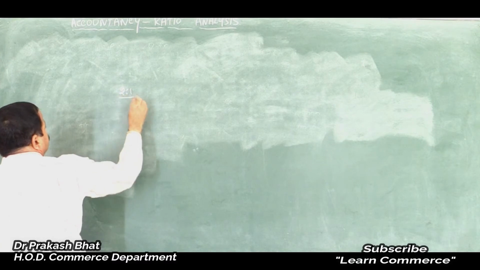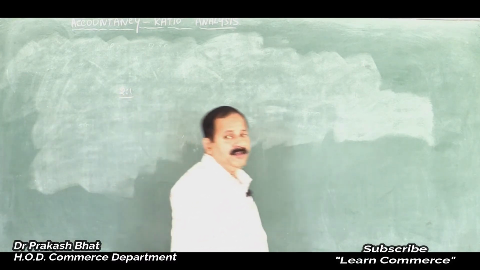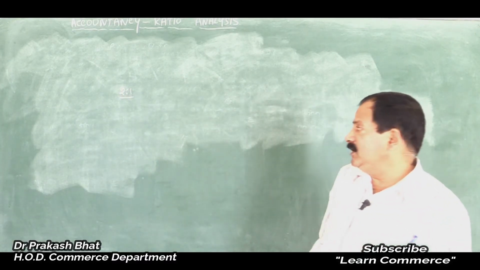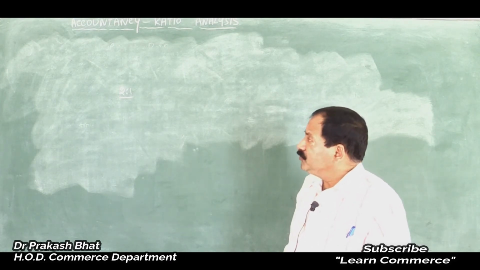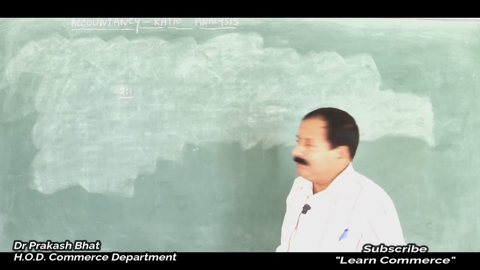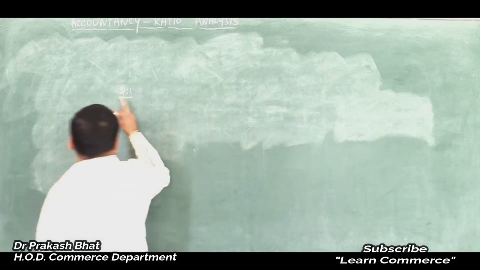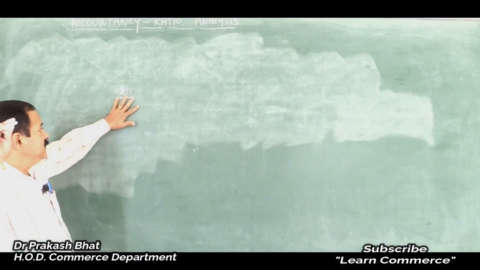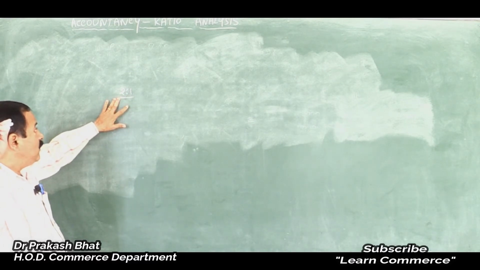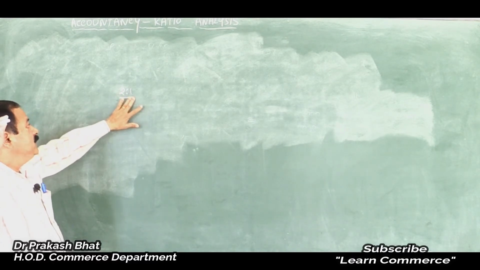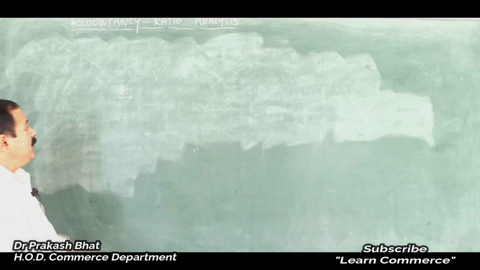There must be 2:1 ratio for any company. That is the rule of thumb. That is, normally a company should have 2:1 current ratio. That means current liabilities should be 50% of the current assets, or current assets should be double the current liability. That is what the rule of thumb is.